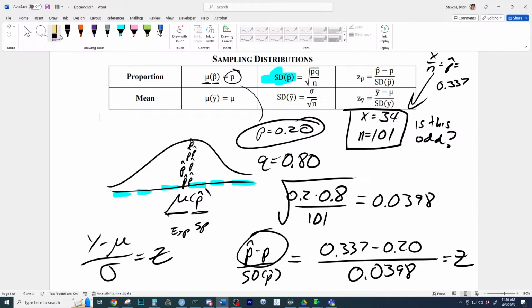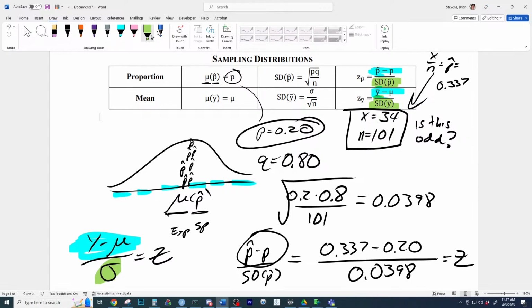So when you realize z-scores are just differences, all you're doing is dividing by a standard deviation. Every time you get a z-score, you're just standardizing a difference. Like, how far is the sample mean away from the mean of the distribution? How far is the sample proportion away from the mean of the distribution?